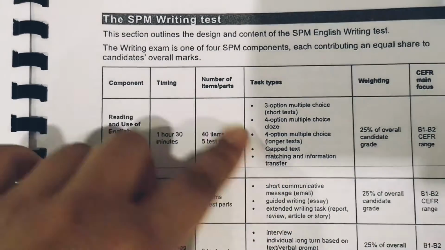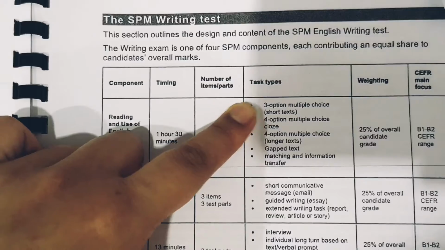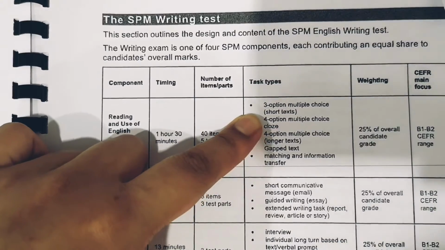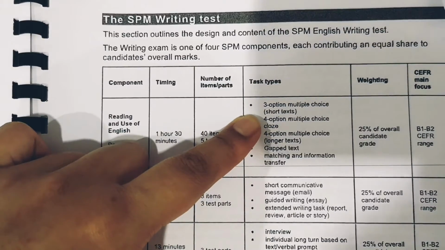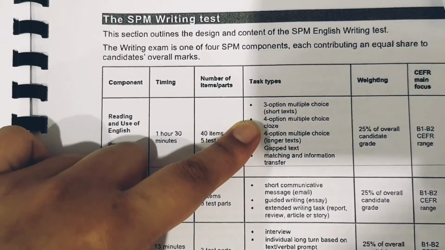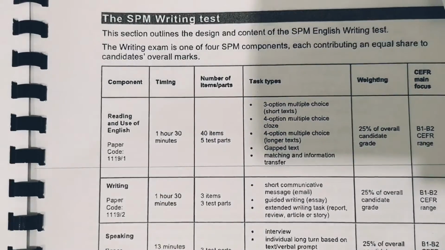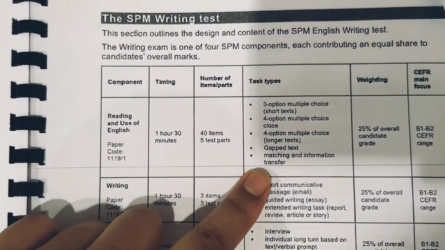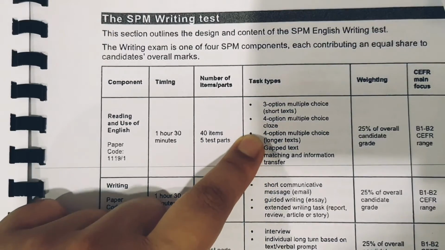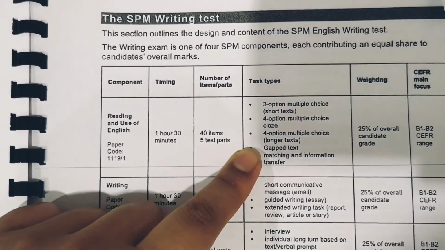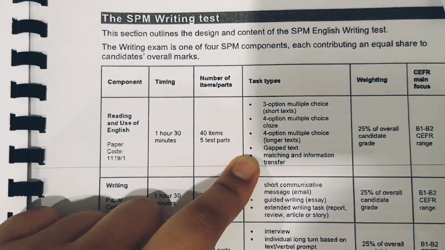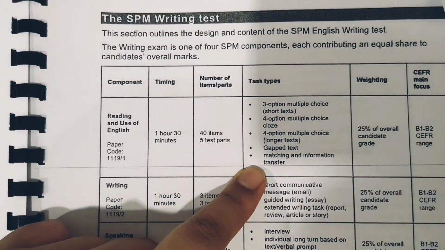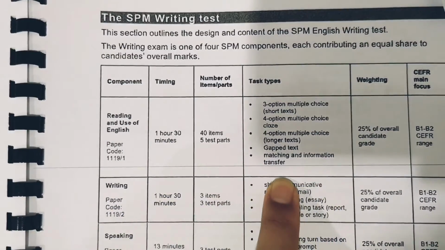Regarding the task types, there are multiple choice short text questions, 4 option multiple choice cloze, 4 option multiple choice longer text, a gapped text, and matching and information transfer.